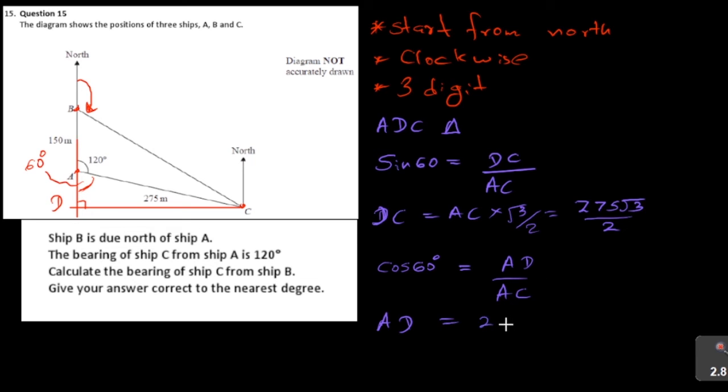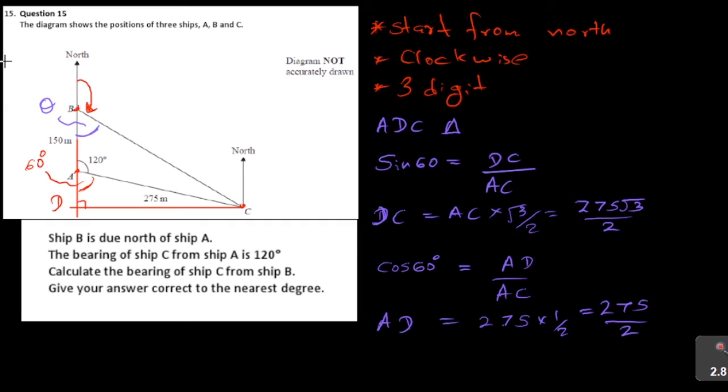AC is 275 and cos 60 is half. So AD is just 275 divided by 2. Now we have found DC and AD both. Using those two, you can find this angle here. I will mark it as angle ABC, theta.